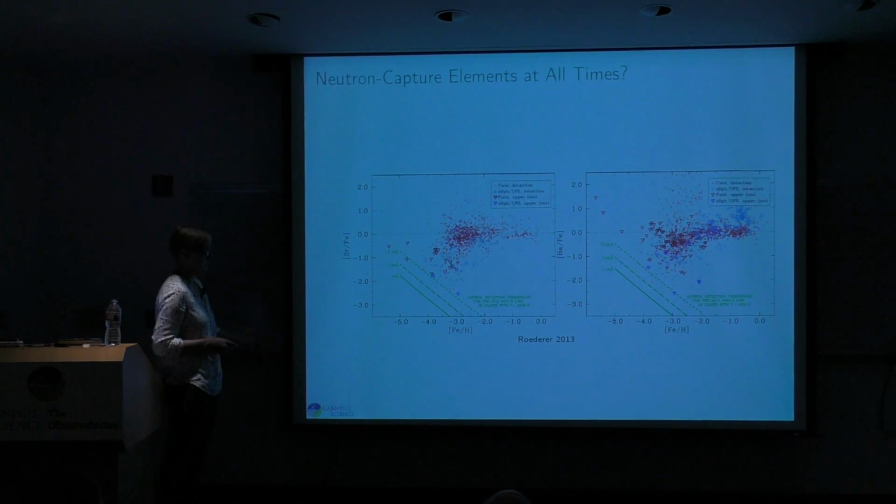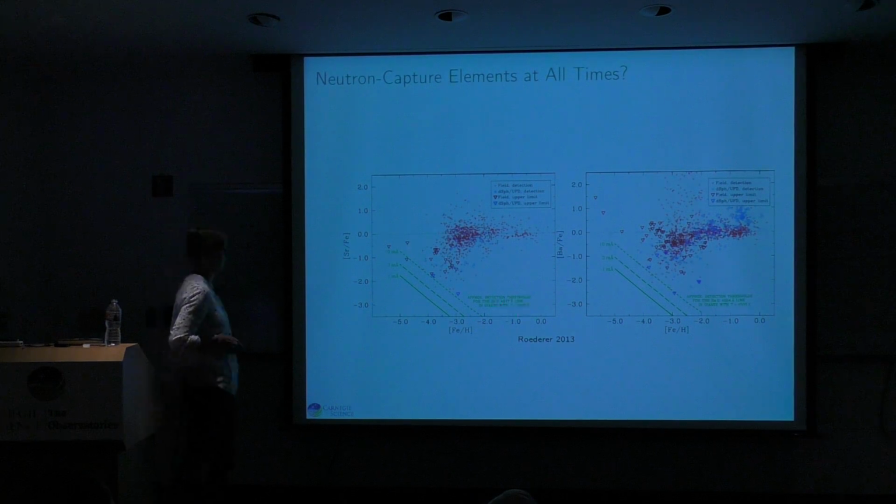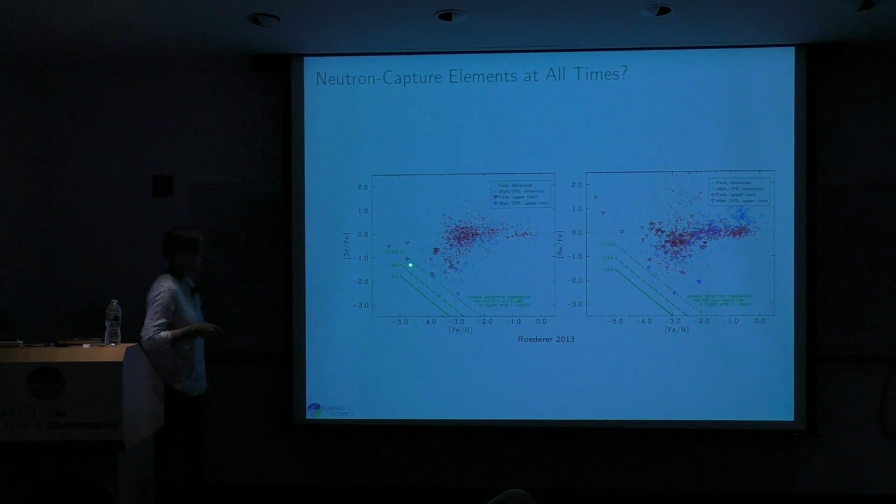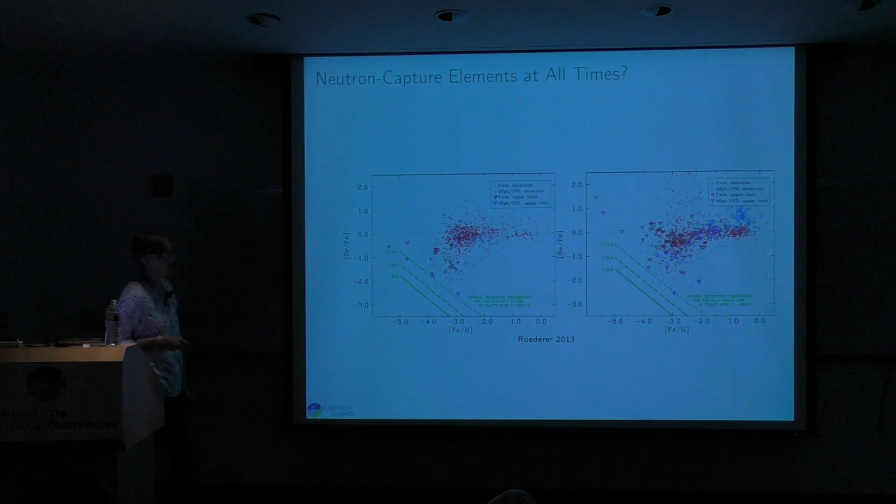And this is what Ian Roeder alluded to in 2013, where he took all the literature data he had on strontium abundances and barium abundances, and then calculated, well, what is the detection threshold in a 4500 Kelvin star, and are any of the upper limits that we have in any of these stars consistent with there not being any strontium or barium in the interstellar medium from which the star is formed?